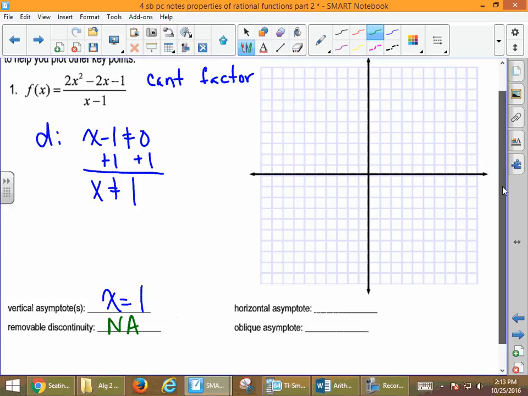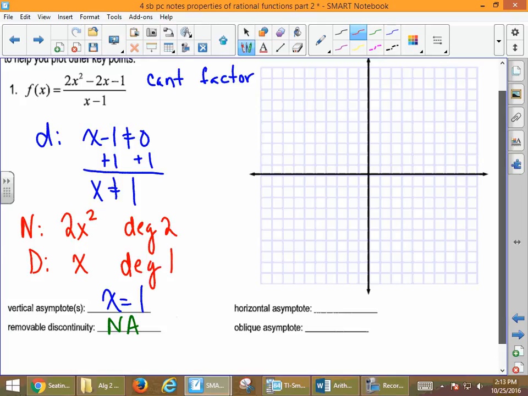But when we get over here to the horizontal and oblique, what we're going to look at is our numerator. Well, our numerator has a highest degree. It's 2x squared. So we get degree of 2. Our denominator, our highest degree is x, which is degree of 1. And what we see from this is that this is a top-heavy rational equation.